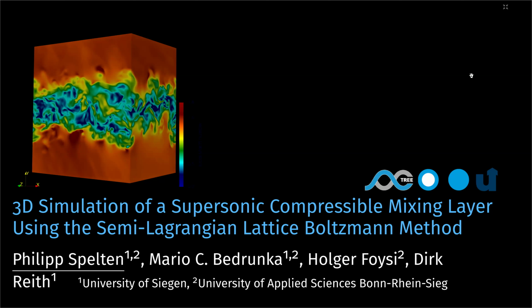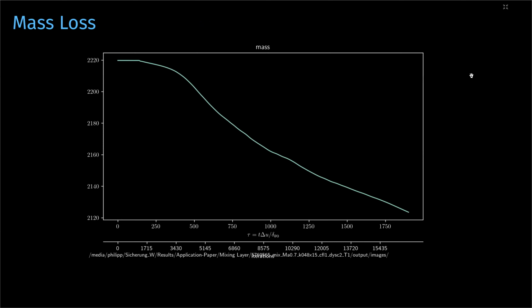Do you have to do something for your method to be conservative, or is it not really conservative? It's not conservative because of the interpolation that you do. That's the issue that you always have with semi-Lagrangian or interpolation-based methods. In this case, we have some loss of mass, but it's not so much.